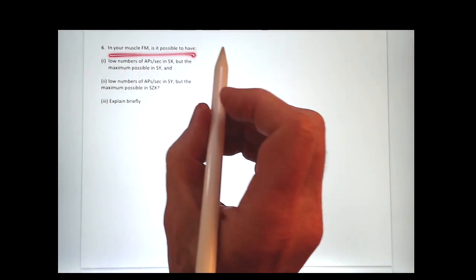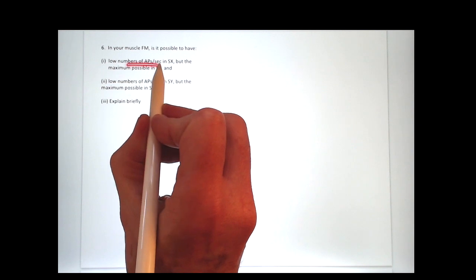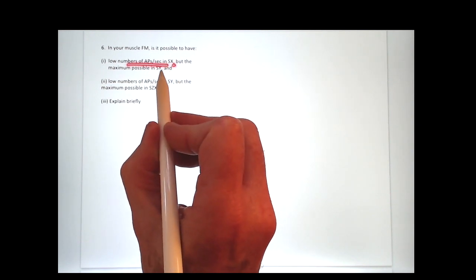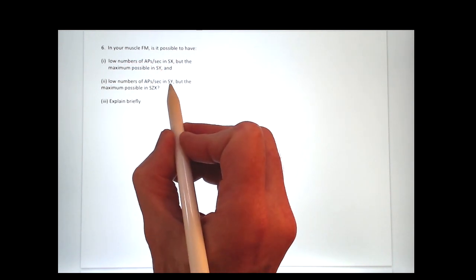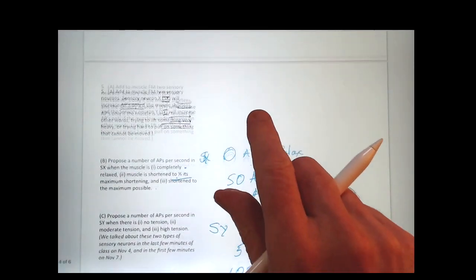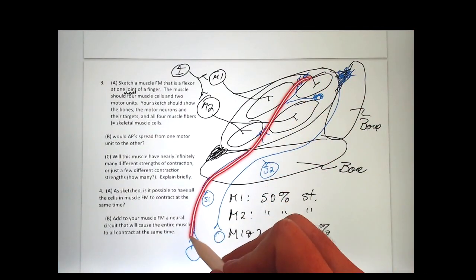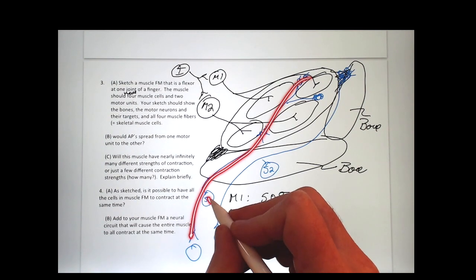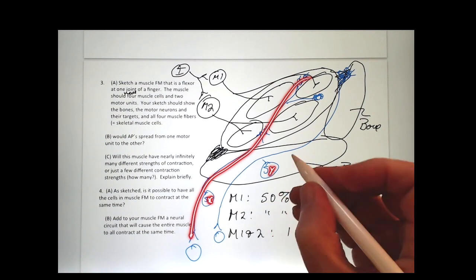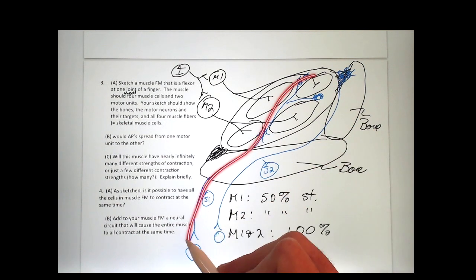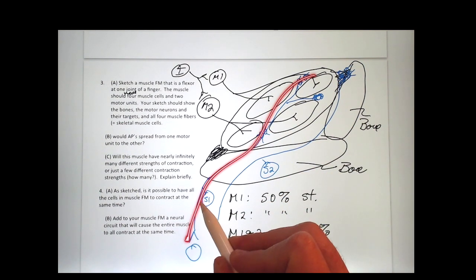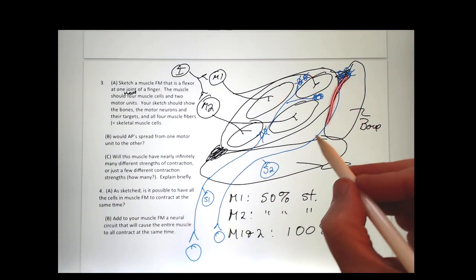Okay, in the muscle, is it possible to have low numbers of action potentials per second in SX, but maximum in SY, and the reverse? So let's look back. Could we get low numbers of action potentials in SX and high numbers in SY? Or high numbers in SX and low numbers in SY?